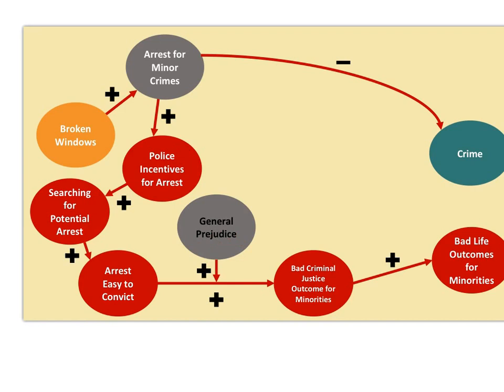Basically, the Broken Windows causes police to go out and increase their arrests of whoever is easy to convict. And if there's a general level of prejudice really with anybody out there, the police officers, juries, judges, whoever, that's going to make minorities easier to convict and result in bad criminal justice outcomes for them, relative to non-minorities who may have done the same thing, but might be harder to get a conviction for.